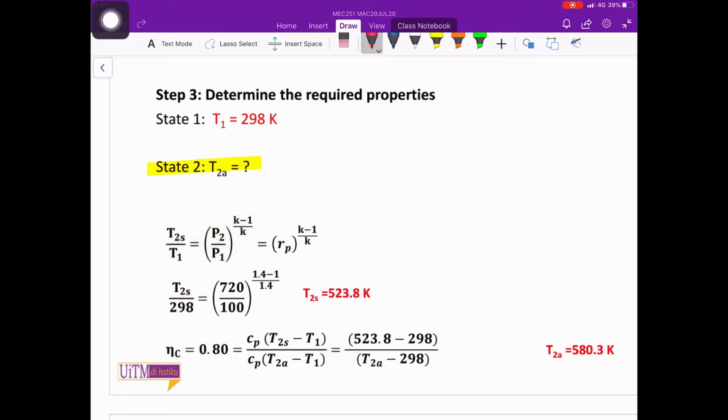We are going to get the value of T2s is equal to 523.8 Kelvin. By using the isentropic efficiency for the compressor, we are going to find the actual temperature for state 2. And we are going to obtain the value of T2a is equal to 580.3 Kelvin.